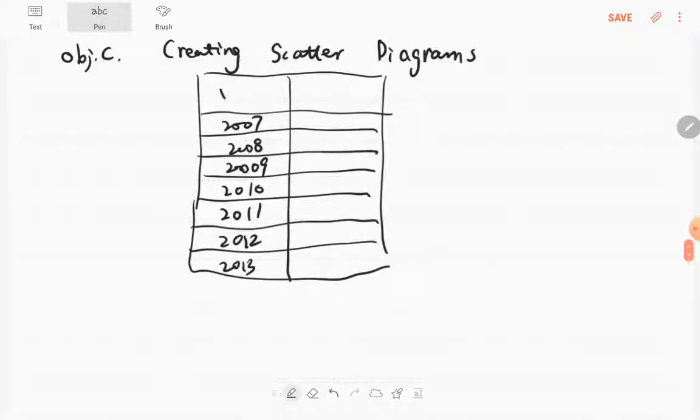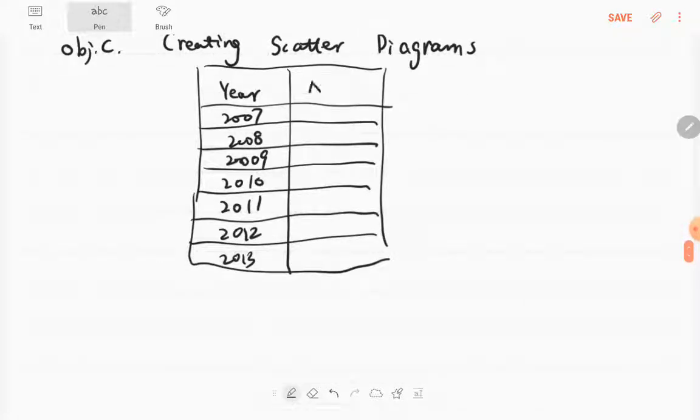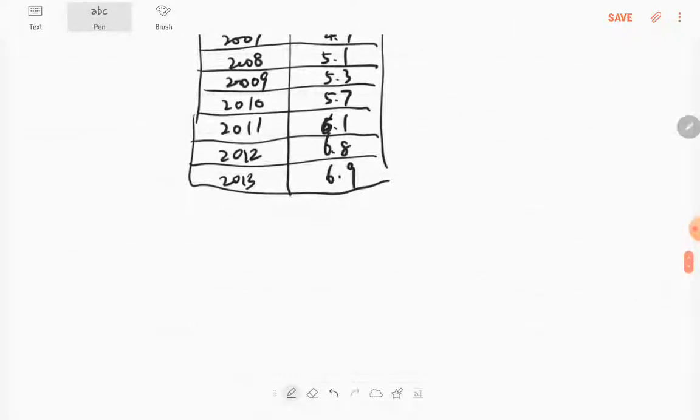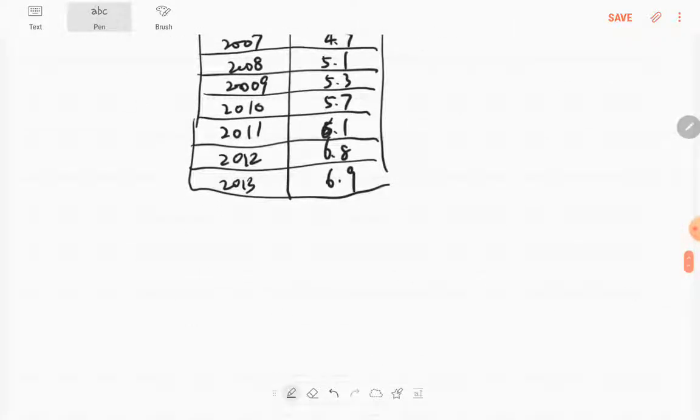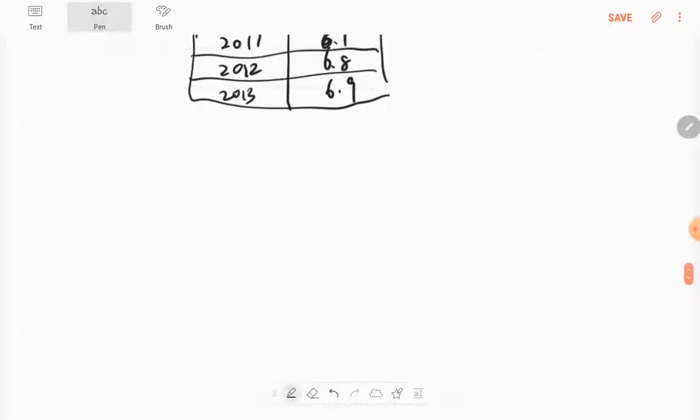This column stands for different years, and this one is the net sales for PetSmart, and we have different values: 4.7, 5.1, 5.3, 5.7, 6.1, 6.8, 6.9. So for example, we want to use the scatter diagram to express all the values in this table. What should we do?